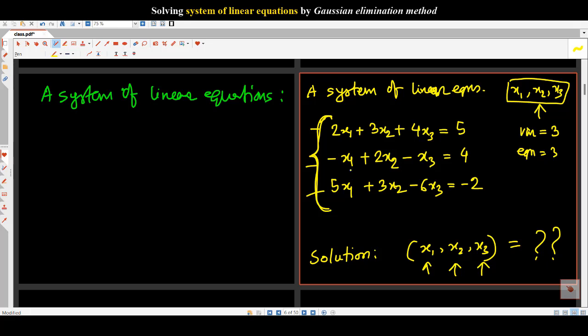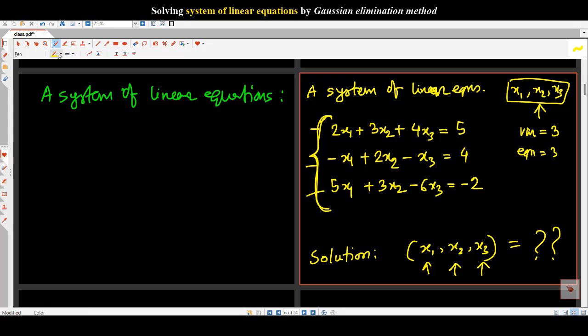So if we have to solve these equations, where we have 3 variables and 3 equations, by the Gaussian elimination method, then at first we have to understand the general concept of a system.